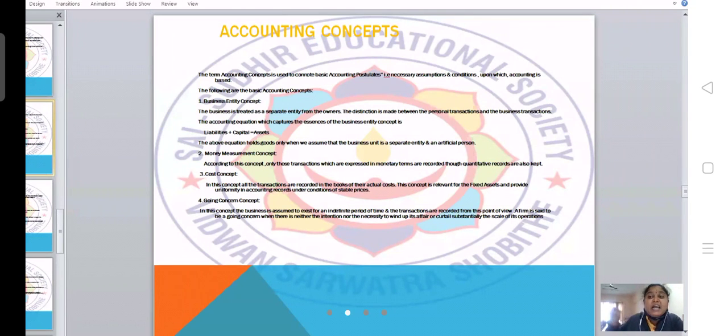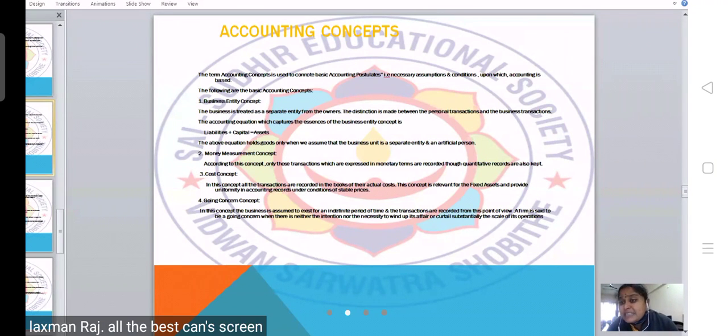So why are we deducting? Because that amount was used by him. In the drawings account, we prepare a separate ledger account, so that the owner's use is known. When preparing the accounts, a distinction between the business transaction and the personal transaction should be made. When you do that, the business entity concept is applicable. You deduct from the capital and show the remaining net amount on the liability side, and when preparing the drawings account, you put the amount on the debit side.